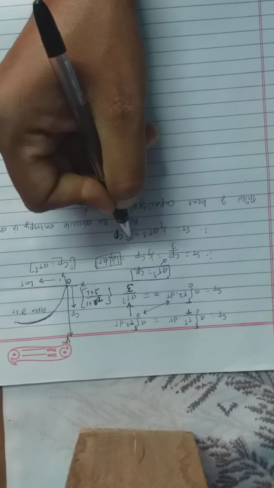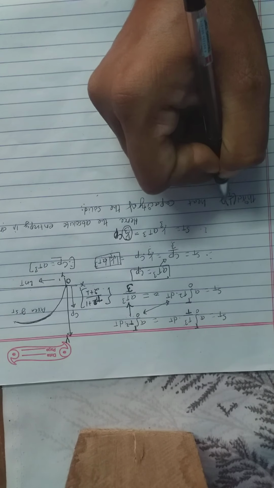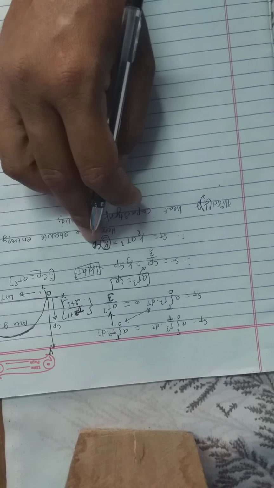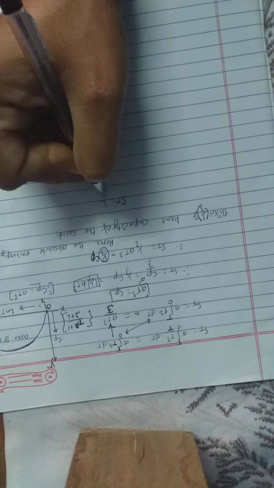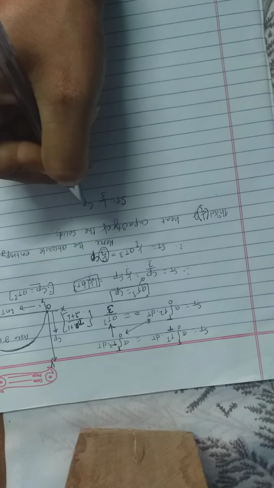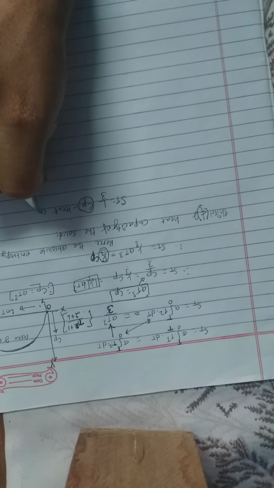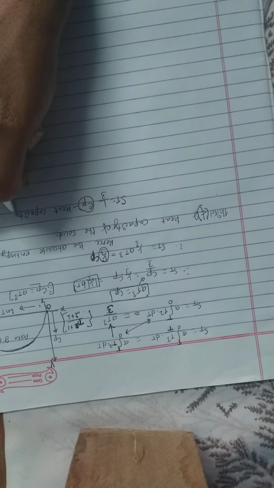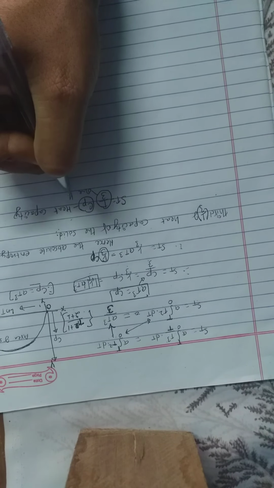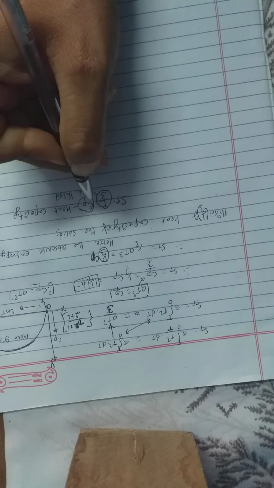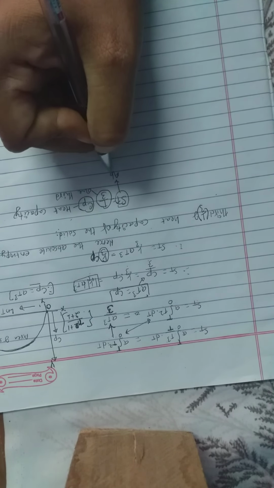We can write St is equal to 1/3 of the heat capacity, heat capacity meaning Cp. These are the absolute entropies.